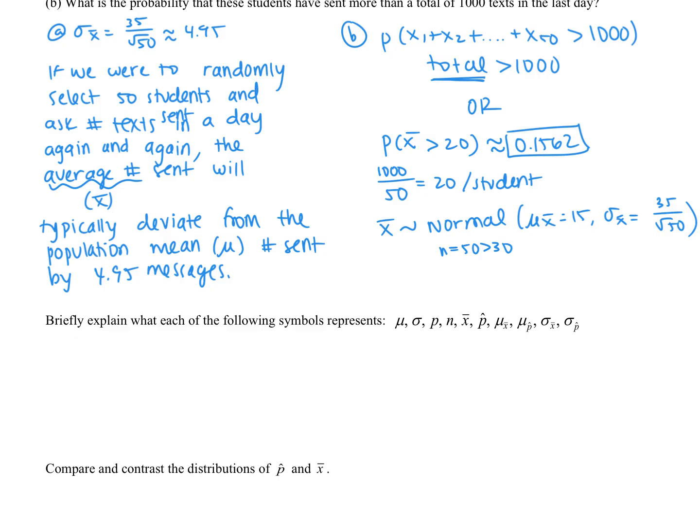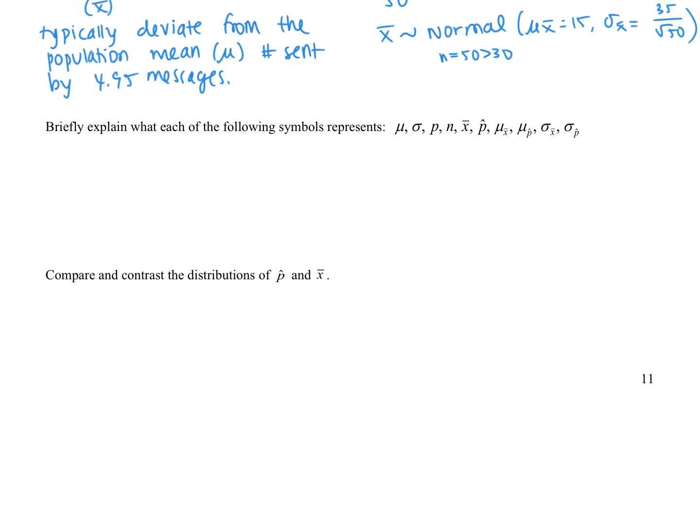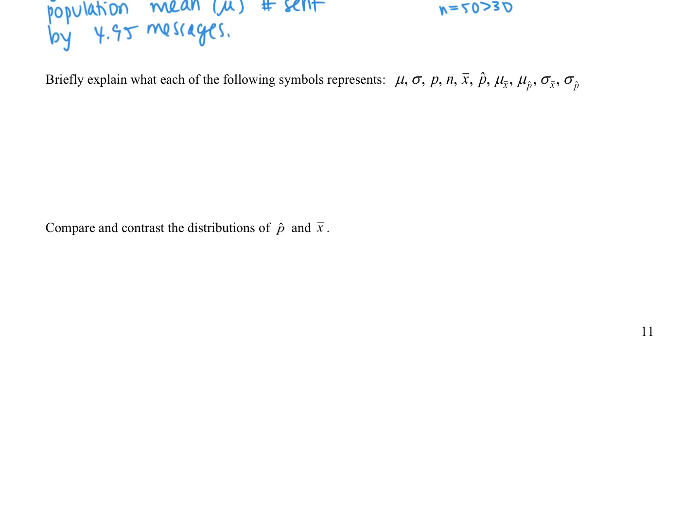I have one last thing to talk about, and then we are done with notes. Last thing I want to talk about is P hat and X bar. So we're going to make ourselves a little table here, about P hat and X bar.